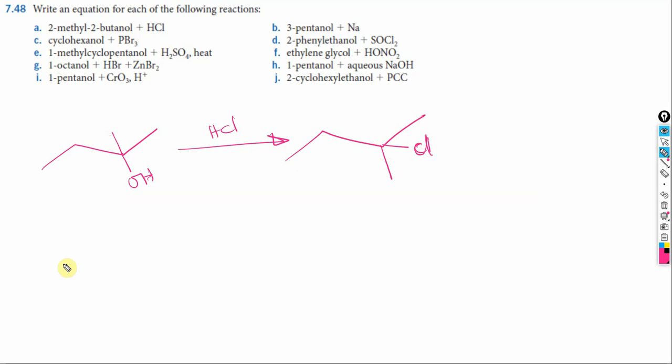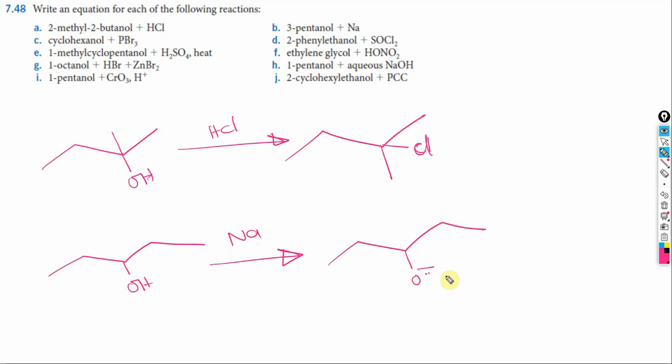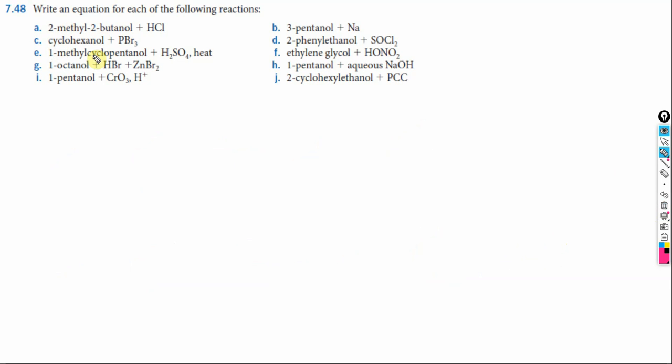And 3-pentanol is that, and when you react that with sodium, we are going to get sodium pentoxide, and you're going to get half hydrogen released as the byproduct. Alright, and if you have cyclohexanol reacting with PBr3, we have seen that thionyl chloride and phosphorus tribromide, they are going to both give you the corresponding halogen as the product.